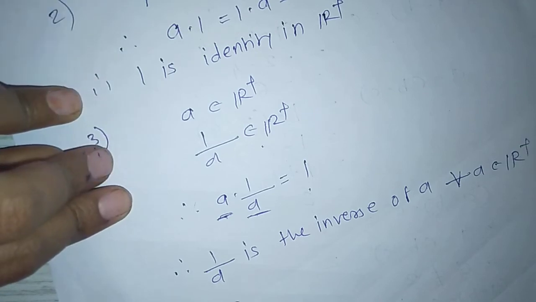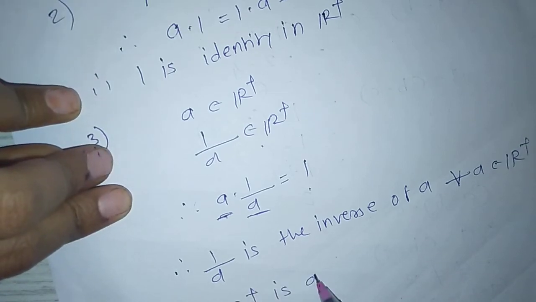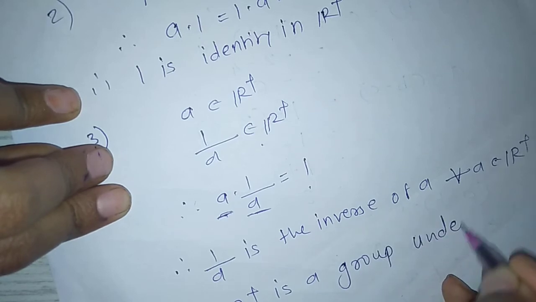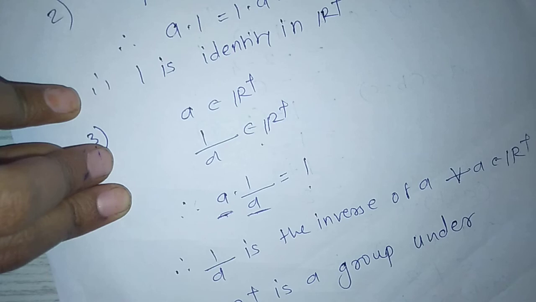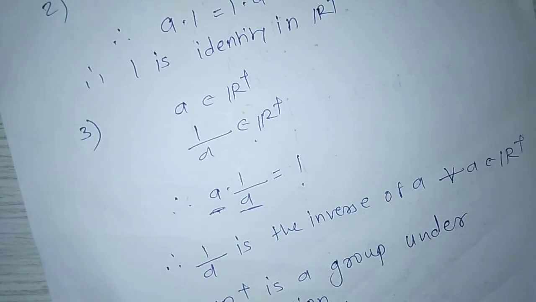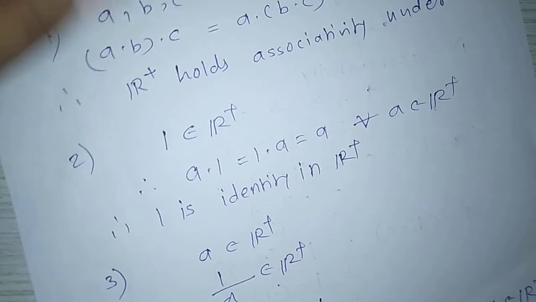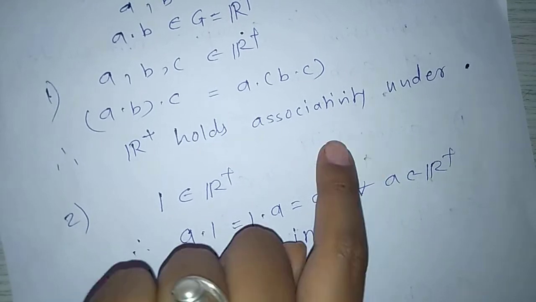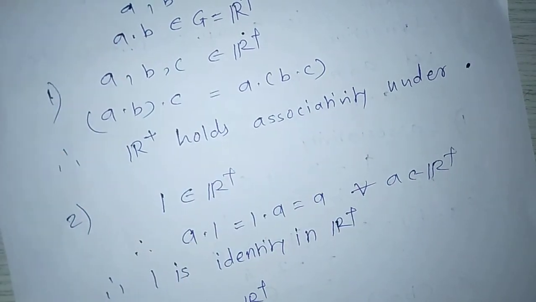Therefore R plus is a group under multiplication, because R plus satisfies these three properties: associativity, identity and inverse.